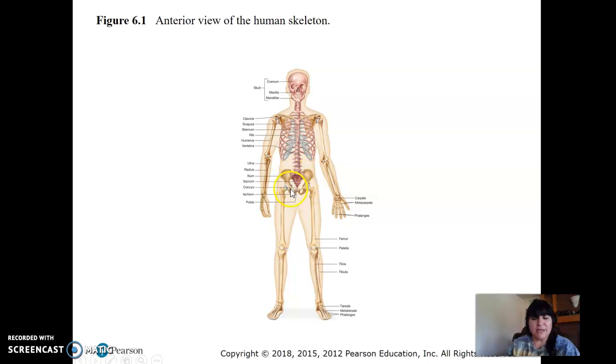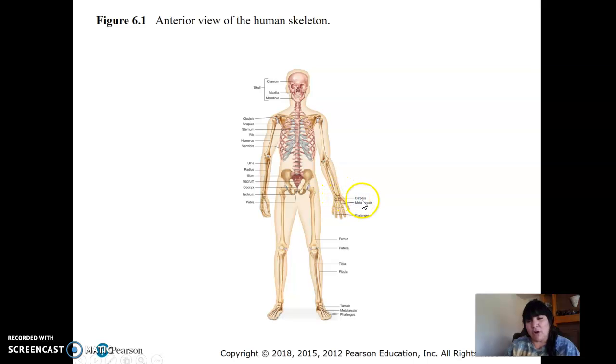Here's the pelvis. The pelvis is actually made out of 3 bones. Now, here's the femur. The femur is your longest, strongest bone in your body. The patella, that's the kneecap. Here's the tibia, here's the fibula. The tibia is like your shin bone. Now, the foot bones are very similar to the hand bones.